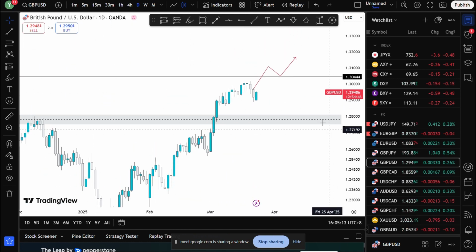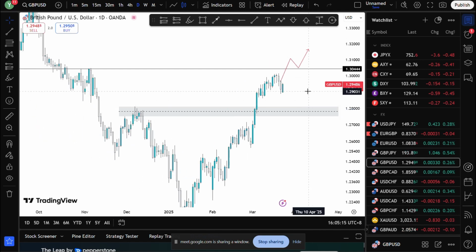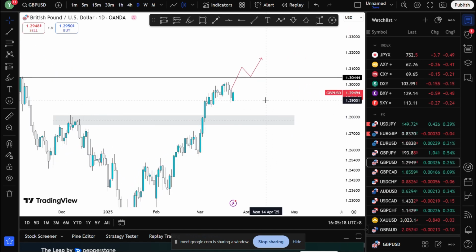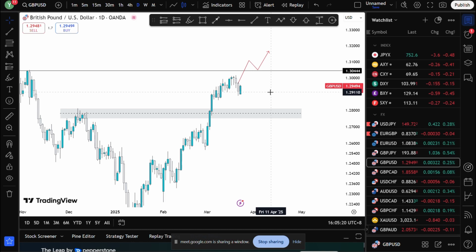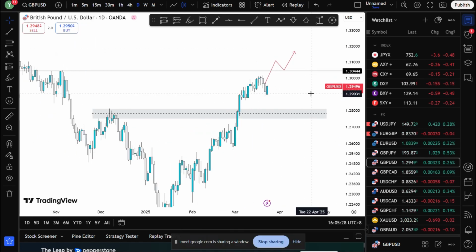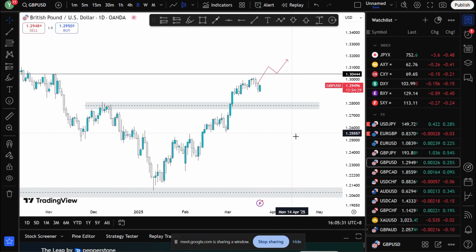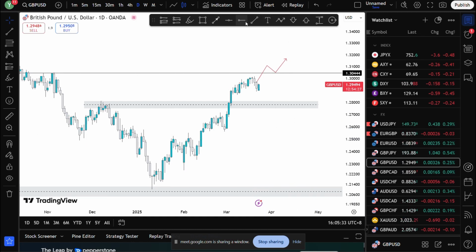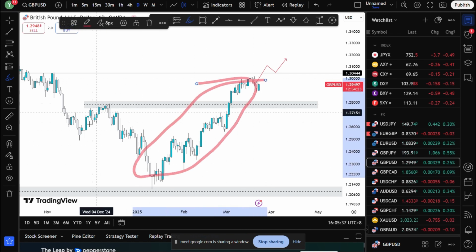I'm still looking for bullish on GBPUSD. The reason is, can you see my screen? Okay. The reason why I'm still looking for a bullish opportunity is because this overall movement is still a bullish movement.